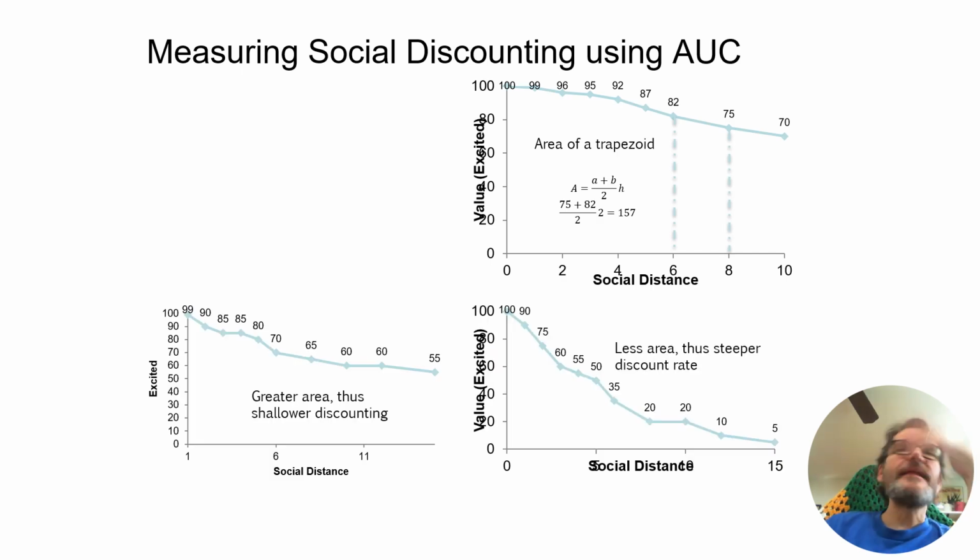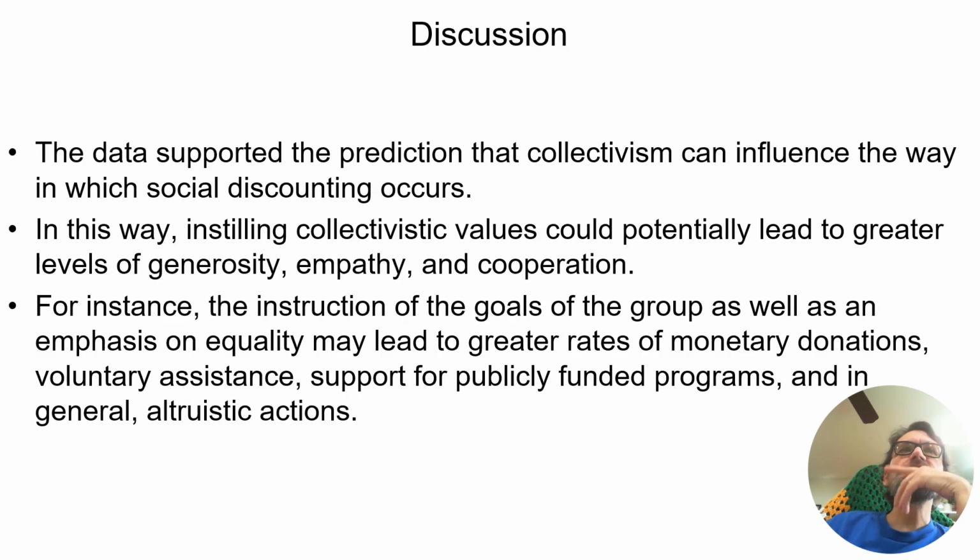And yeah, here was the outcome, and it's, what do you know, right? It's part of a much larger study. Collectivism can influence the way that social discounting occurs. And so by priming people with this collectivistic prime, they cared about others more. They showed more, yes, oh, my friend, I'm so excited for my friend.